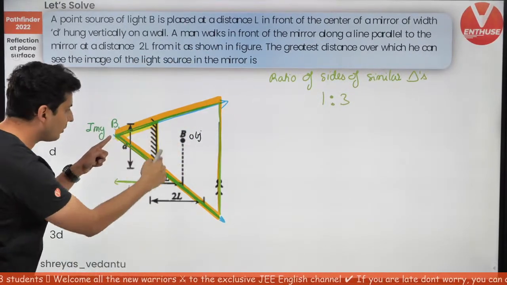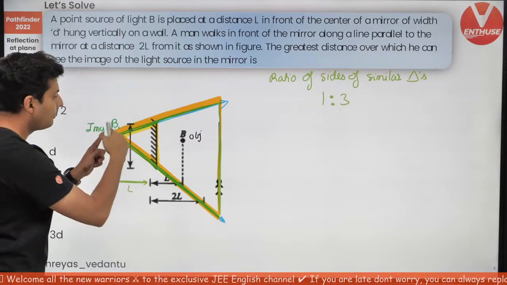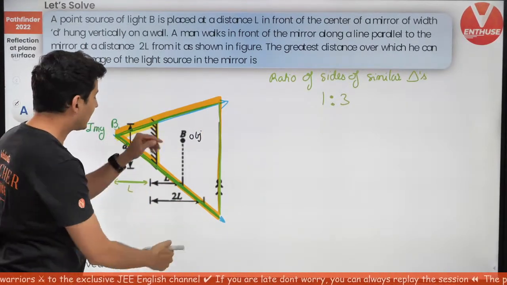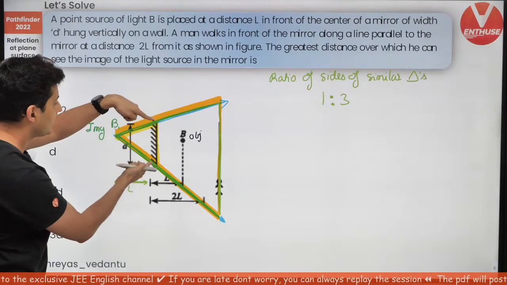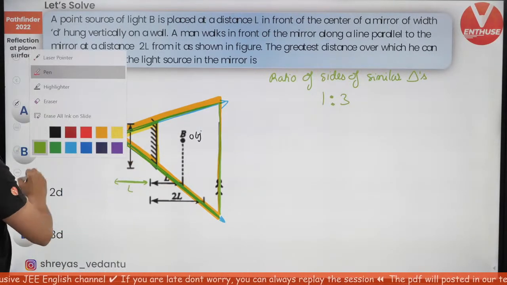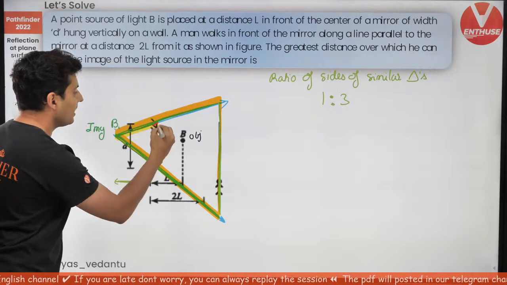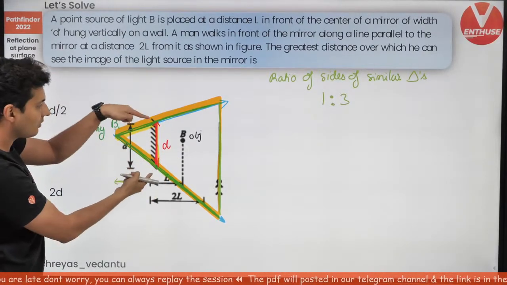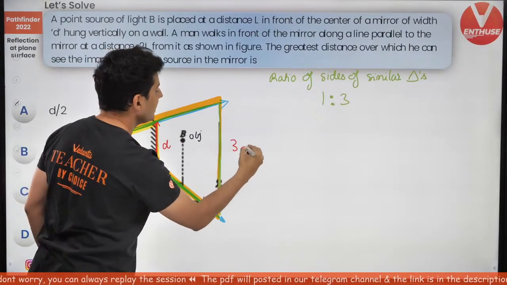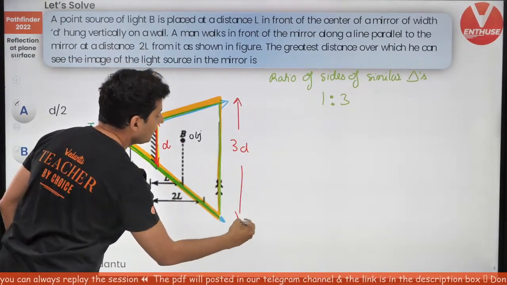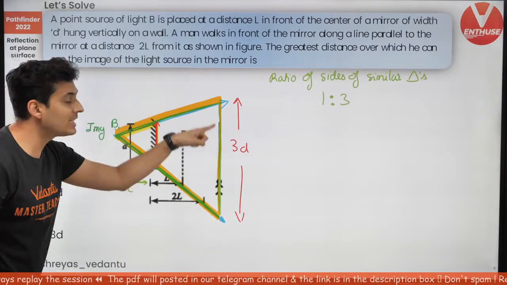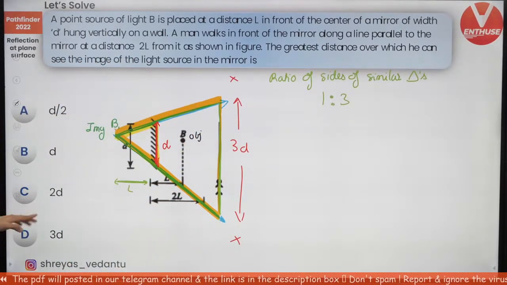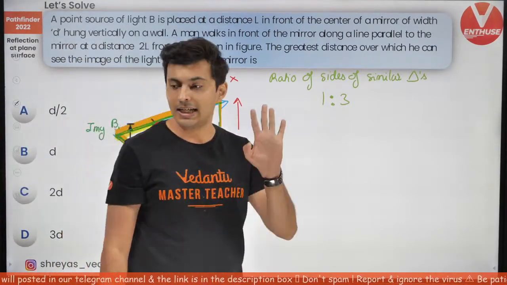That means if this much is D, because that's the size of the mirror, this will obviously be 3D. So till 3D, he will be able to see the image. Beyond that, he will not be able to see it. Hence, the correct answer is option D, 3D.